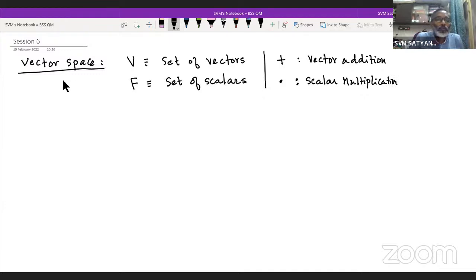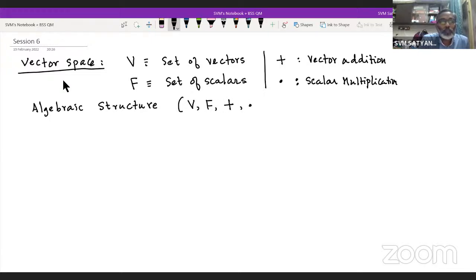Now whenever we say we have a vector space, we have this algebraic structure in mind, consisting of a set of vectors, a set of scalars, with plus and then a dot.